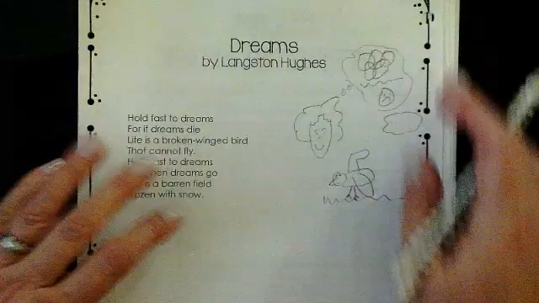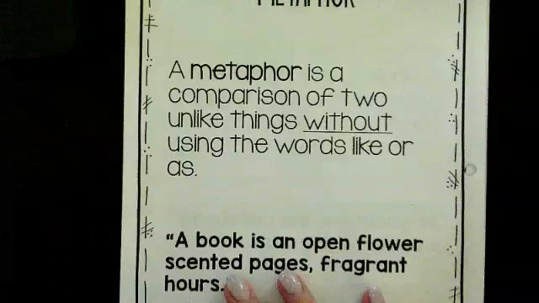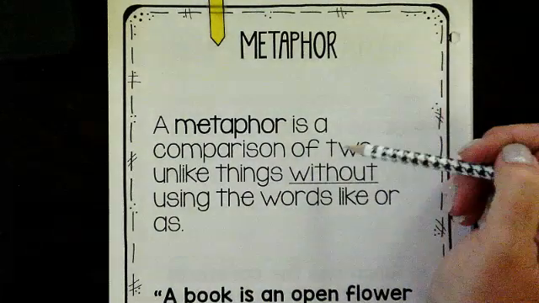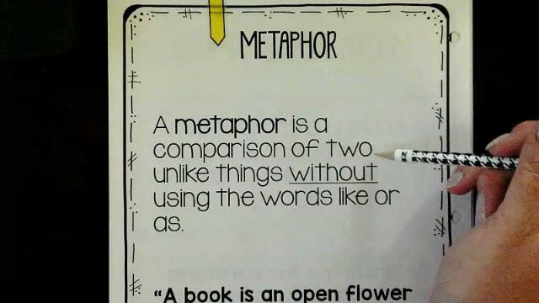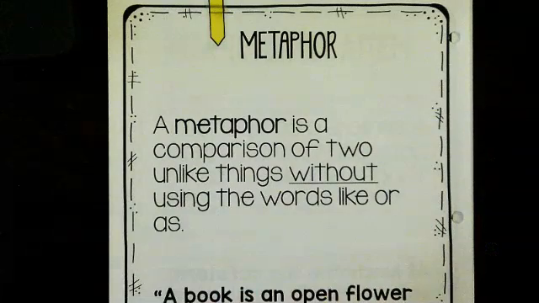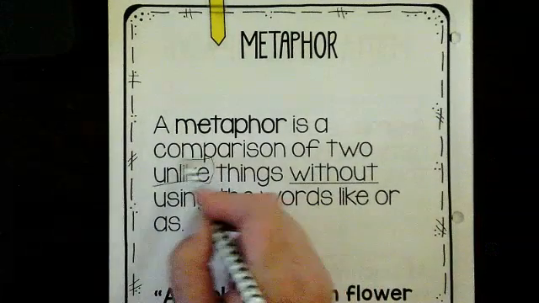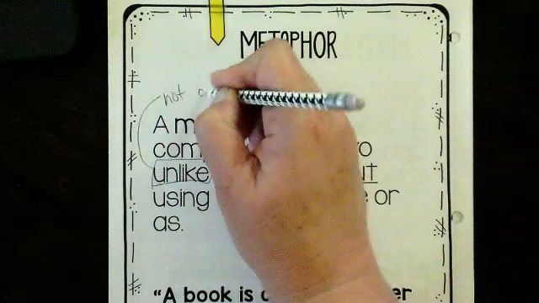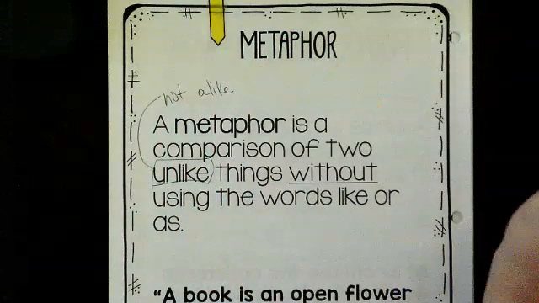All right, we have one more to go, and that is a metaphor. In imagery, it says it used metaphorical language. Well, this is what metaphorical or a metaphor is. A metaphor is a comparison of 2 unlike things without using the words like or as. Unlike. That means they are not alike.